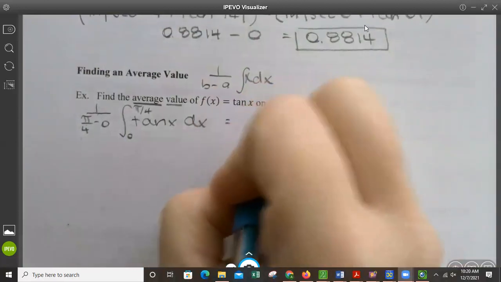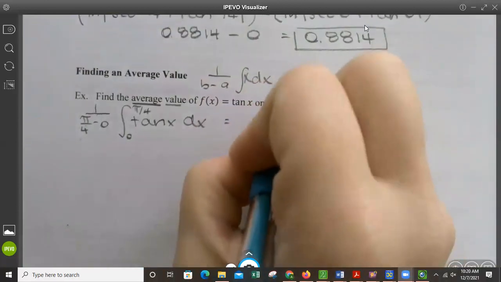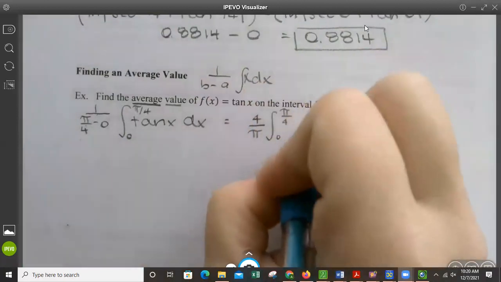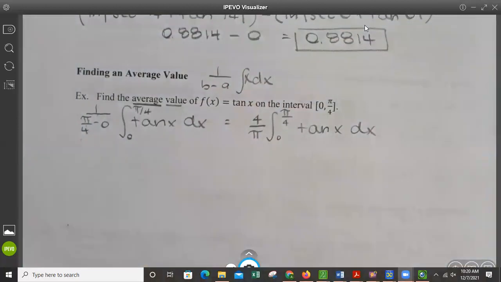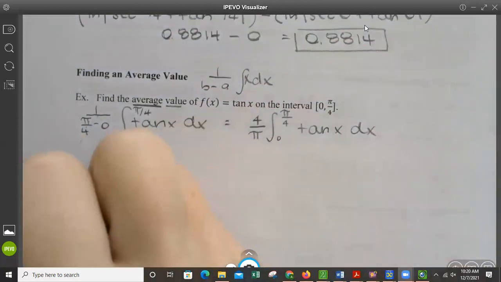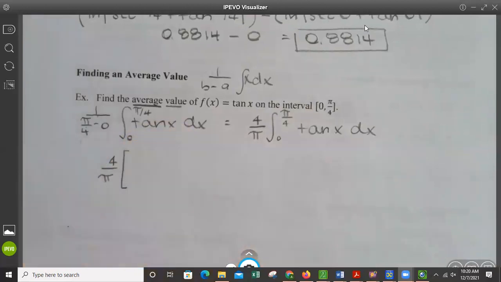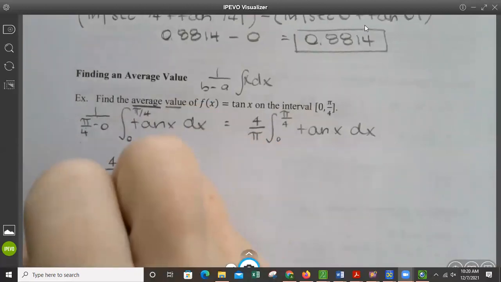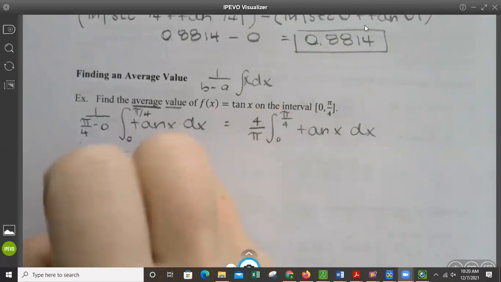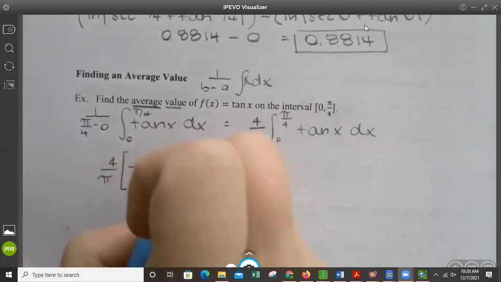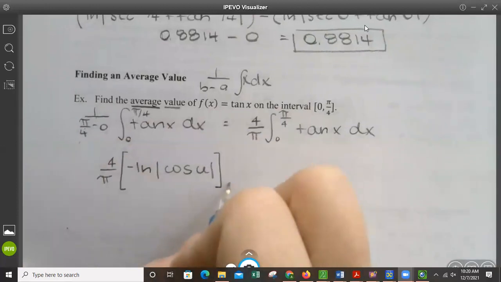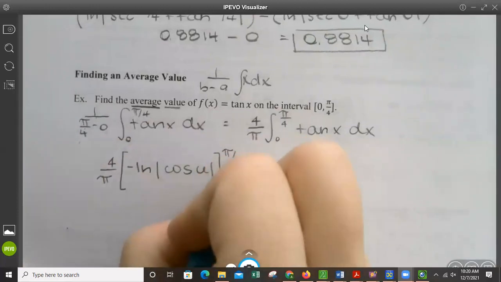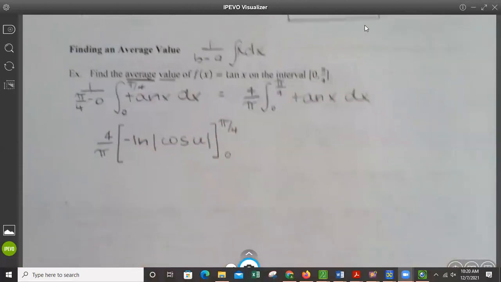So it'll be 4 over pi, 0 to pi over 4 of tan x dx. We have a rule for tan x up there. What's our rule for tan? Negative ln absolute value of cosine u, from 0 to pi over 4.